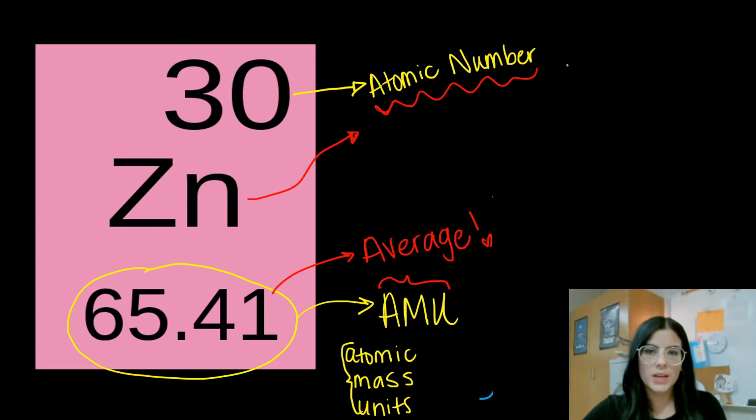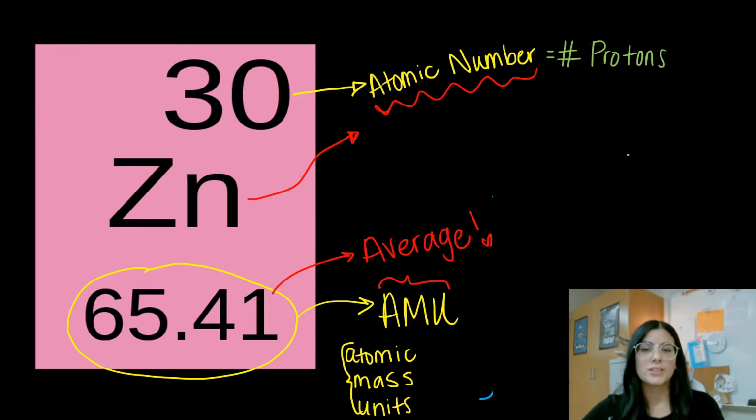So we have something interesting here. We know atomic number is equal to the number of protons. And as we said, it's always going to be zinc. Atomic number of zinc is 30. That means it has 30 protons, no matter what. However, mass changes. So what's mass? How do we calculate the mass of an atom?